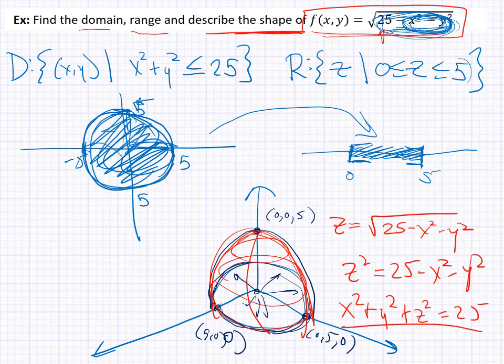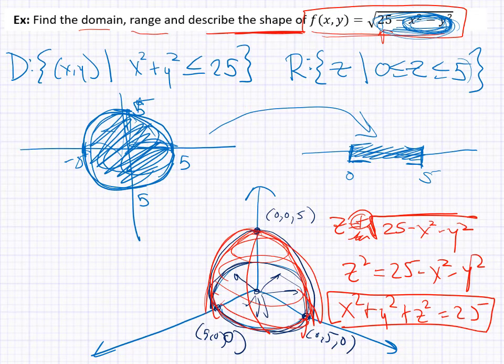And that you should recognize as a sphere of radius 5. Now that's the full sphere. We only have the top half because we only have the positive square root here. There's a positive and there's a negative square root. We only have the positive, so it's the upper hemisphere of a sphere of radius 5. So graphically, that's the shape we would be describing with this function, by recognizing this domain getting matched onto this particular range.